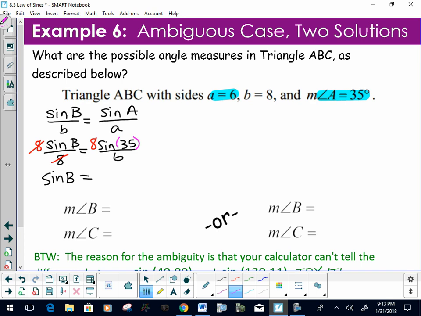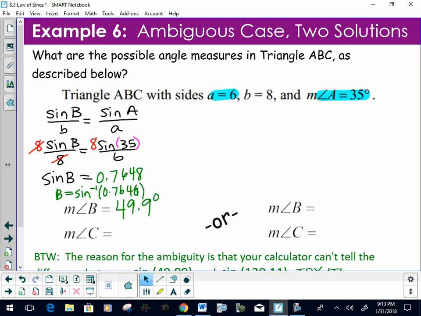And we get 0.7648, and that's the sine of angle B. So to find the measure of angle B, we have to do the inverse sine of that decimal amount. And we get that angle B is 49.9 degrees.